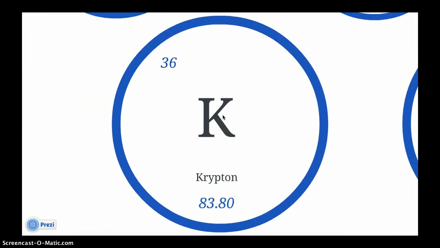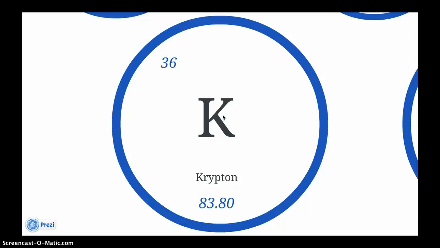Here is the element krypton as you would find it in the periodic table. The symbol for krypton is Kr, and the atomic number is 36, so it has 36 protons and 36 electrons. Krypton's atomic mass is 83.8, but that's generally rounded up to 84.